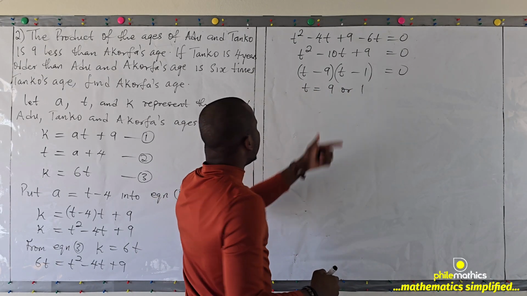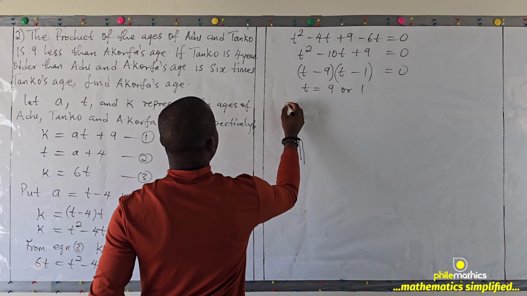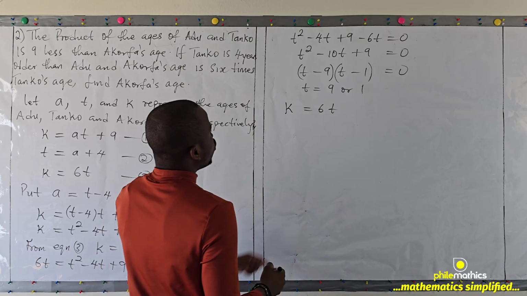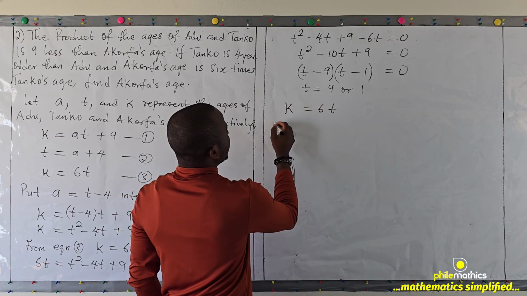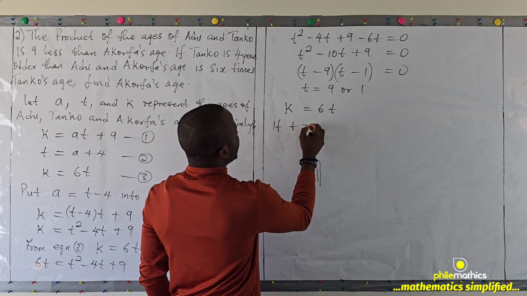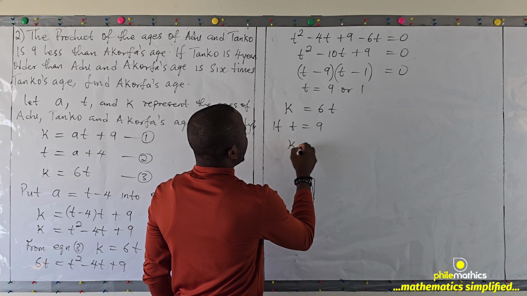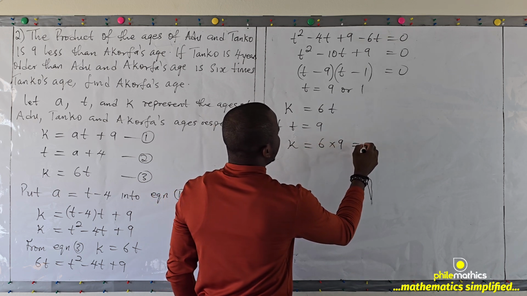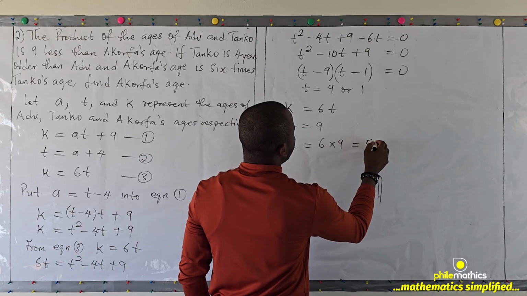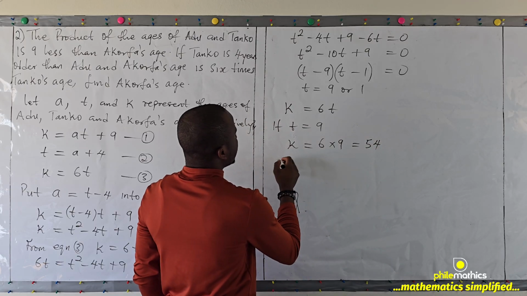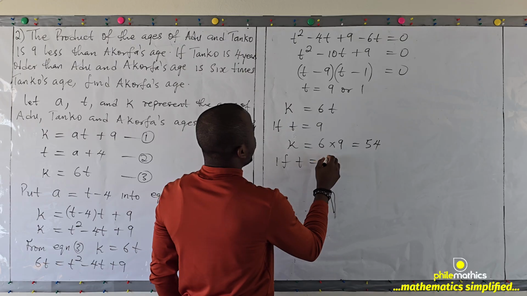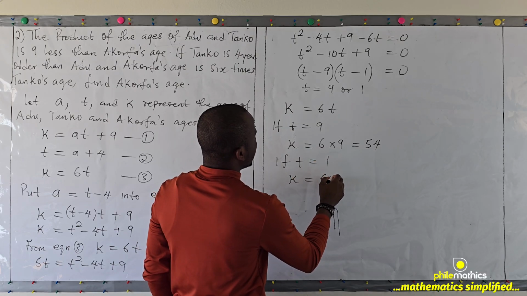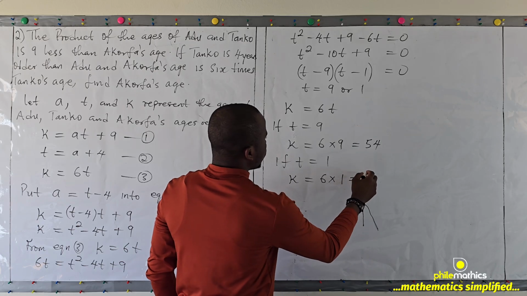Since we have gotten what T is, we know that K is 6T. So if T equals 9, K will be 6 times 9, which is 54. And if T equals 1, we have K to be 6 times 1, which equals 6.